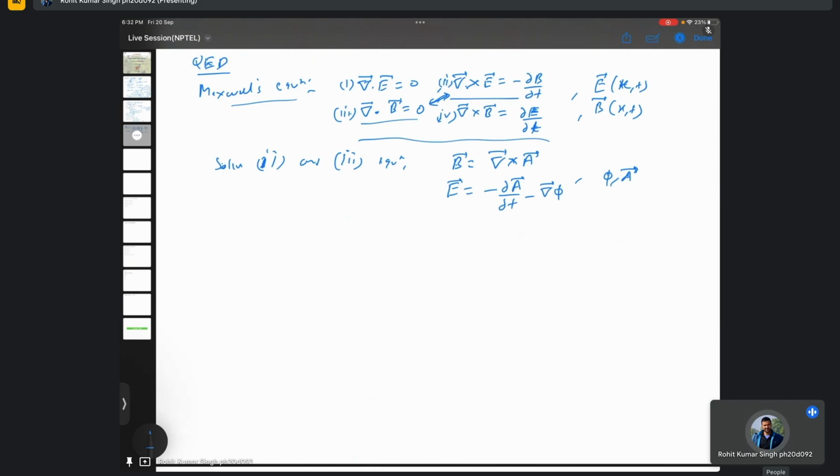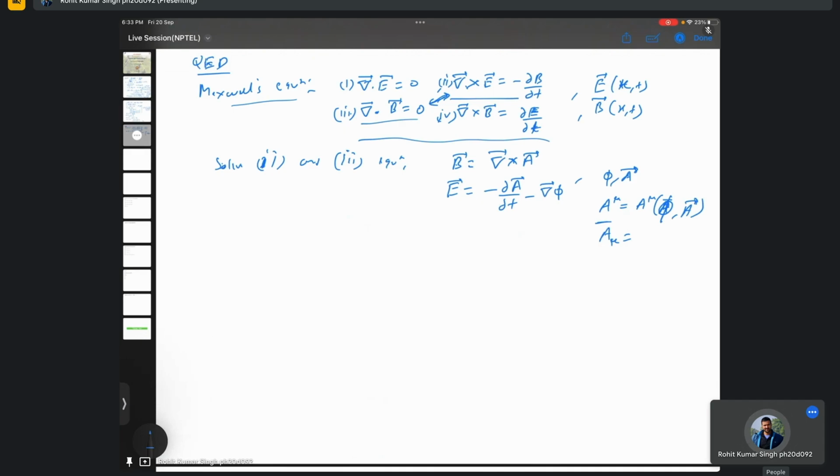Phi is the scalar potential and A is the vector potential. Combined, we can write both as phi and A. This is the 4-vector potential, in the contravariant form.